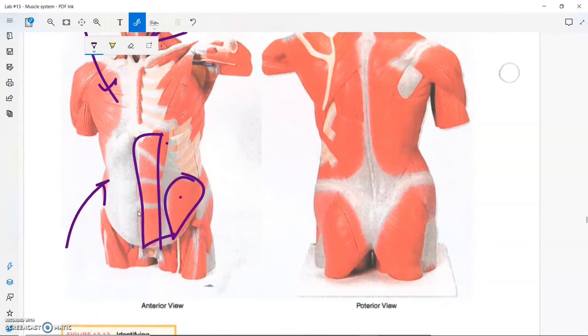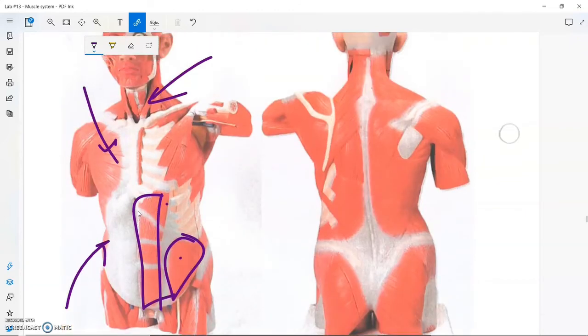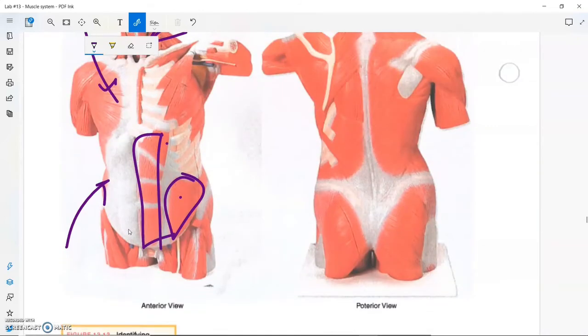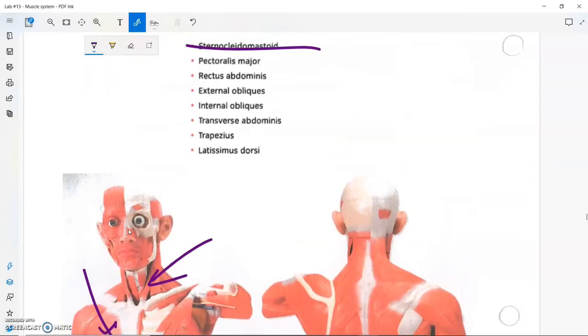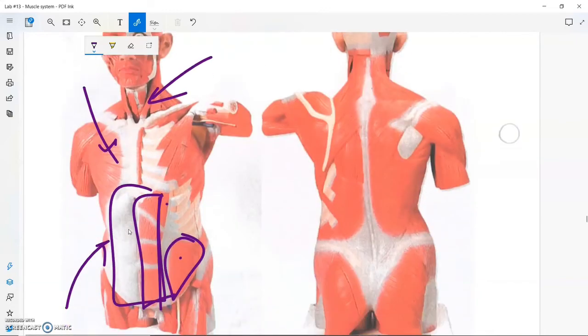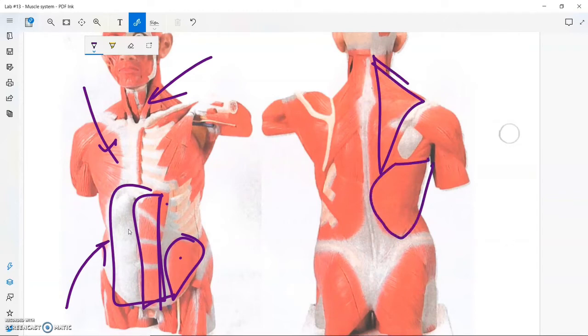Transverse abdominis you can't see on that image. This muscle is deep under this layer of connective tissue and rectus abdominis. Trapezius and latissimus dorsi: this will be a trapezius muscle, and that will be latissimus dorsi.